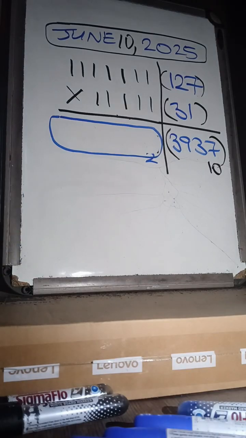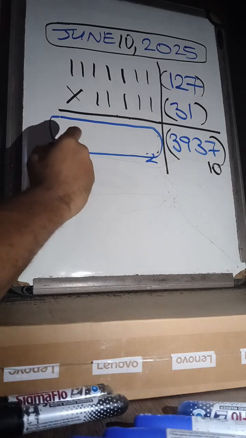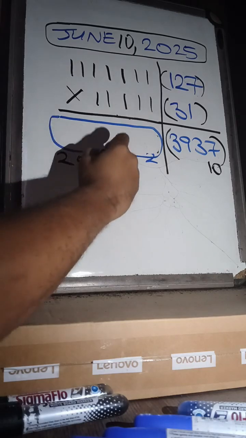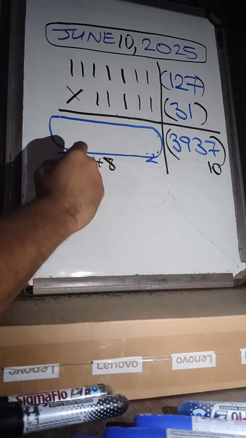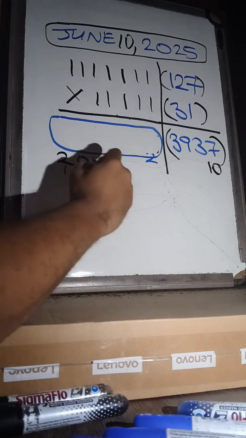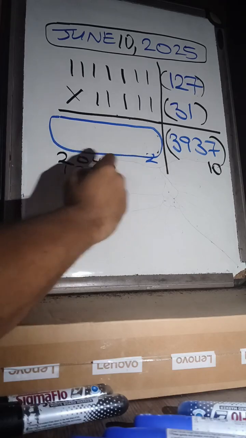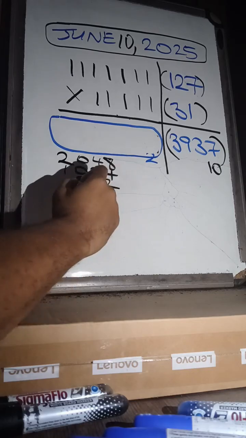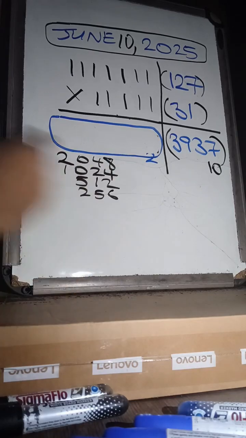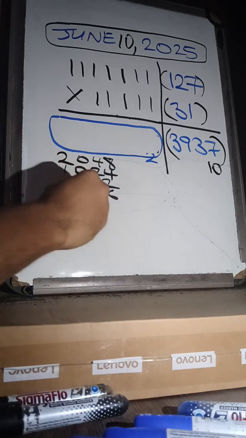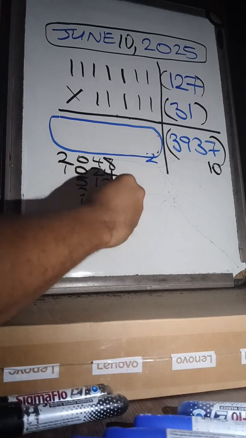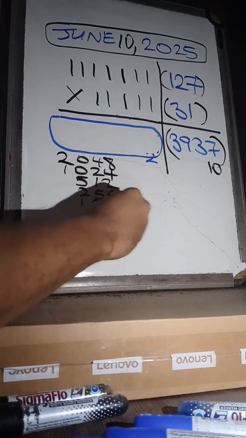Now, similarly, we know that it's smaller than 4,096. So we know that the first number that it can fit into is 2048. Then we're just working our way in this direction here.